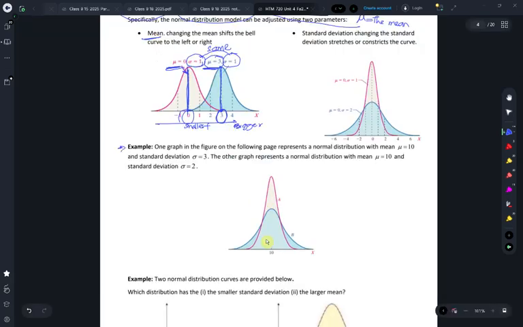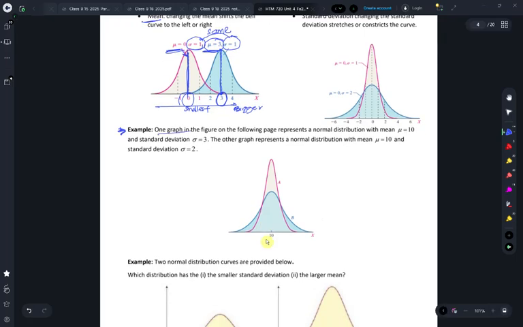Another thing to quickly highlight is this graph, which I've provided here. You will notice that for both normal distributions, the purple one and the blue one, or normal distribution A and normal distribution B, both of them are centered at 10. So the mean is equal to 10. Well, we have been told that one has a standard deviation of 3 and the other one has a standard deviation of 2. Standard deviation is a measure of spread from what we have learned earlier in this class.